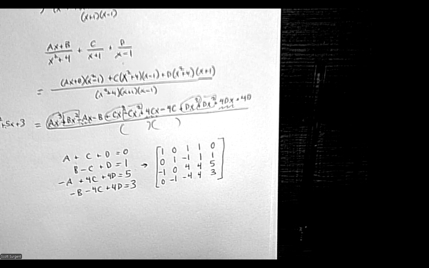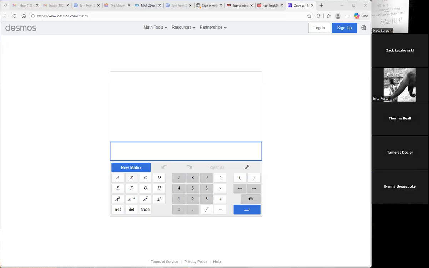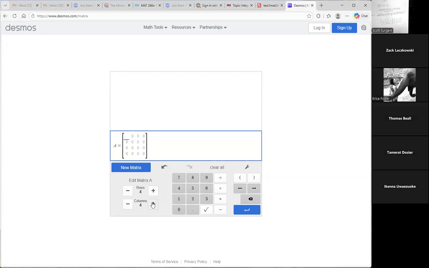I'm going to create a new matrix, and I have 4 rows and 5 columns, and the rows are going to be 1, 0, 1, 1, 0, then 0, 1, negative 1, 1, and 1, and the third row is negative 1, 0, 4, 4, 5, and the bottom row is 0, negative 1, negative 4, 4, and 3.